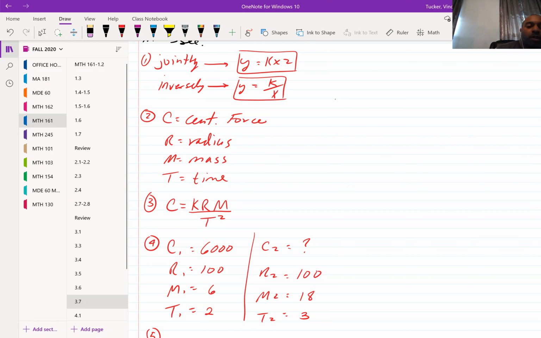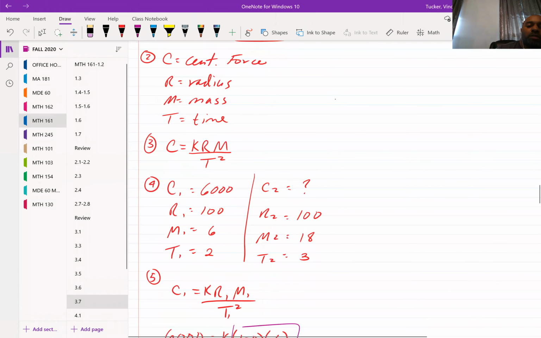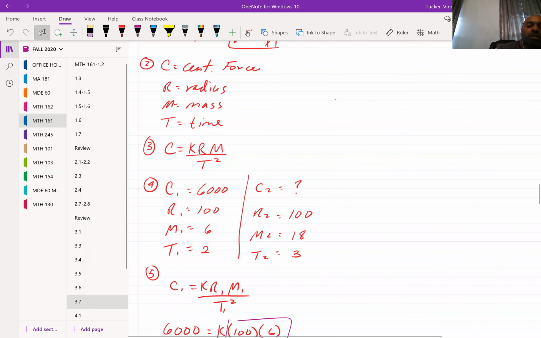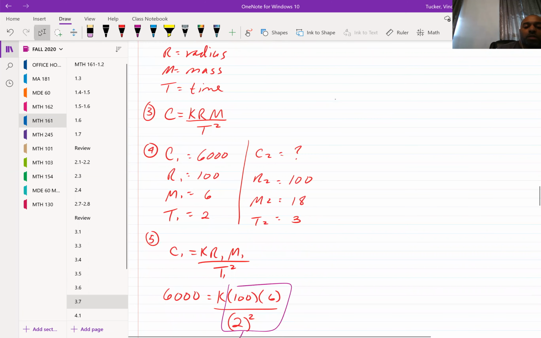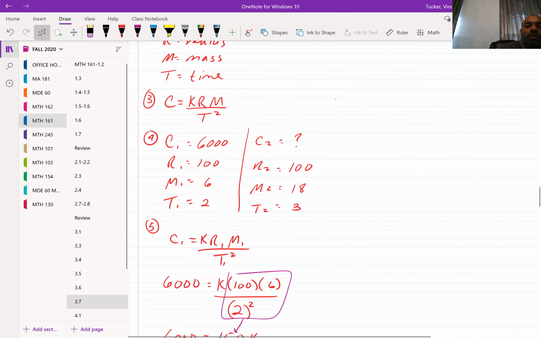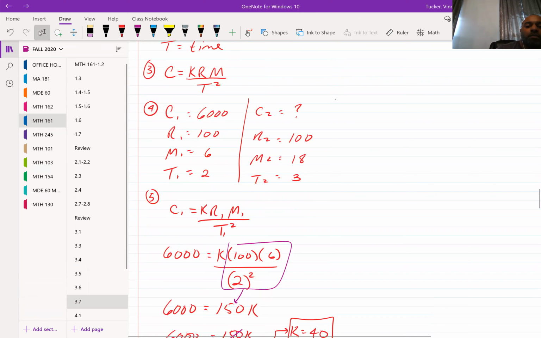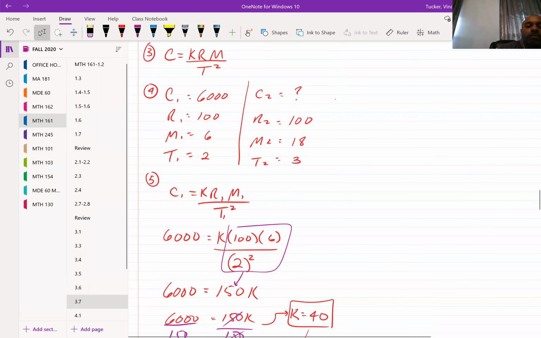All right, so we take all of the first information and plug it into this formula right here to find K. Don't let me scroll up too far. Okay.